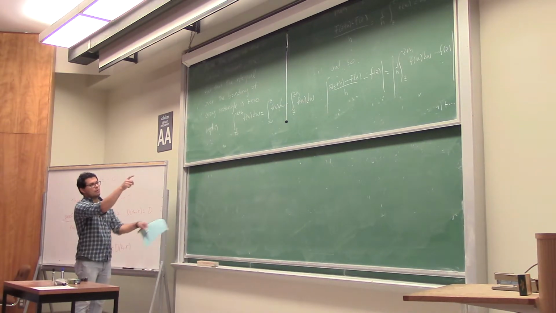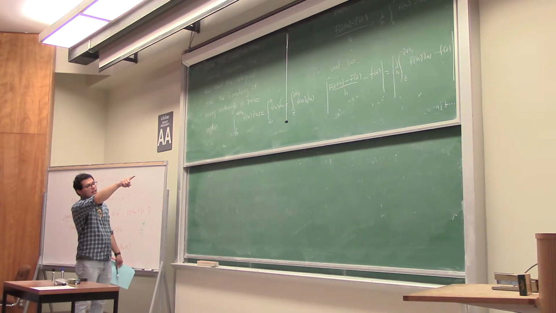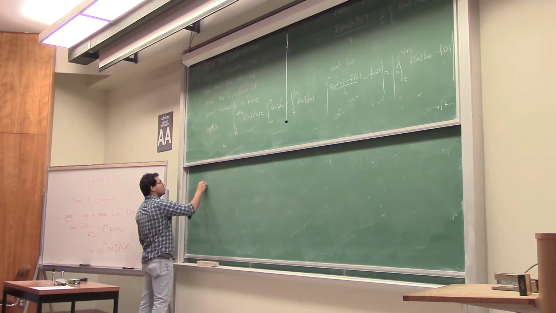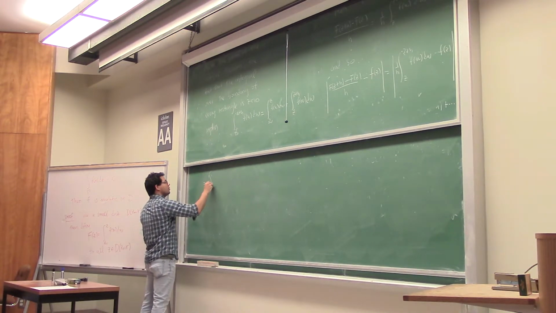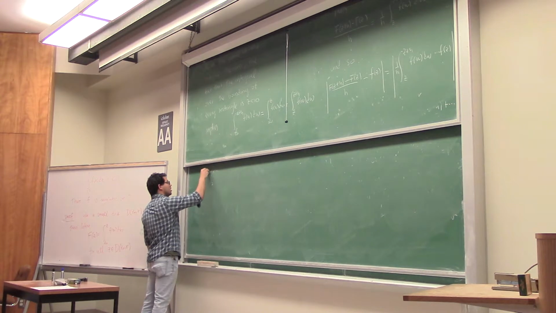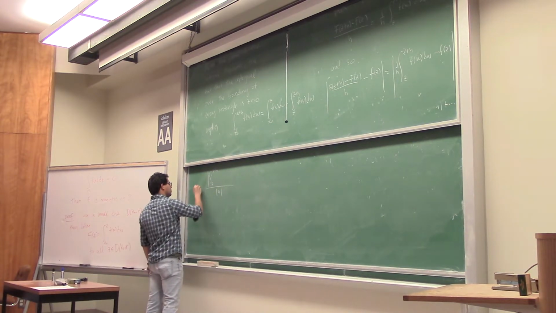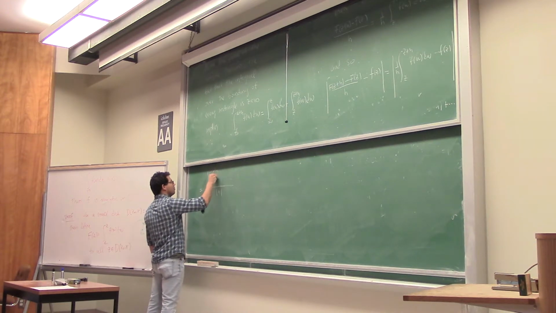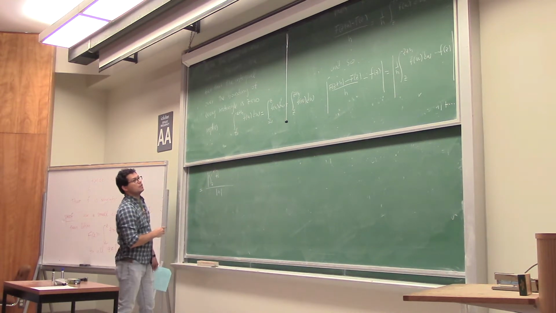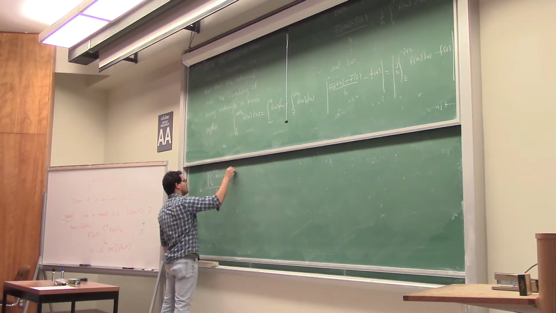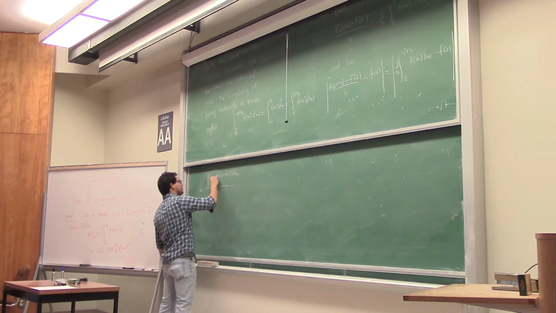And what is that? Well, what I can do is take f of z, multiply by h and divide by h. So that is equal to 1 over the modulus of h times the modulus of the integral between z and z plus h of f of w minus f of z dw.